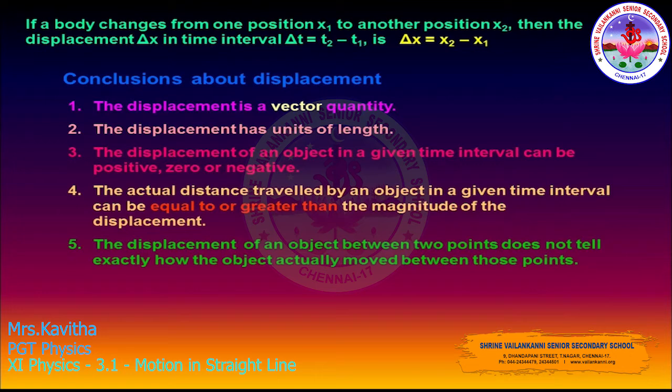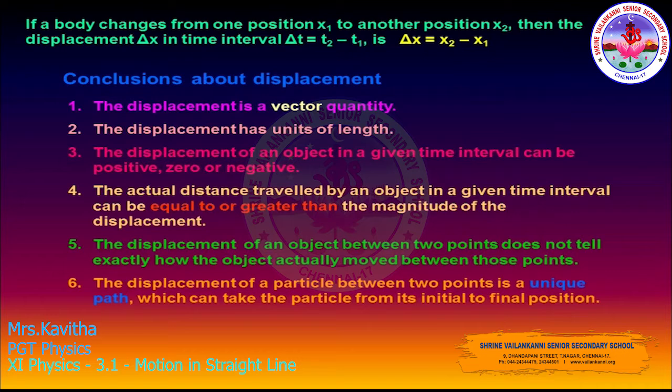the units of length. The displacement of an object in a given time interval can be positive, 0 or negative. The actual distance traveled by an object in a given time interval can be equal to or greater than the magnitude of the displacement.